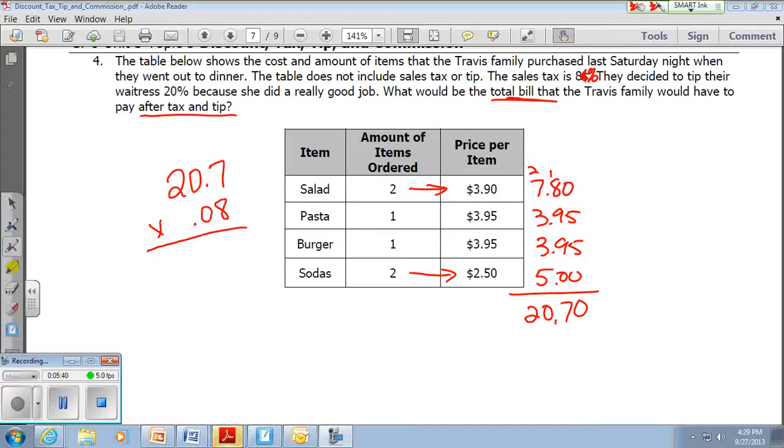And let's multiply. So that's 56. And then we're going to move our decimal over 1, 2, 3 times. So that's $1.66. We have to round it because that 6 says that 5 needs to go up. So $1.66 tax.